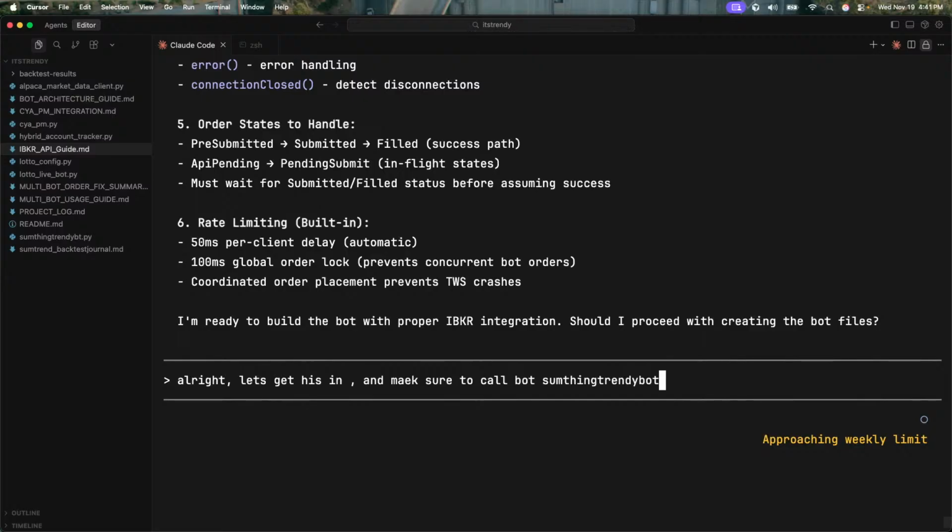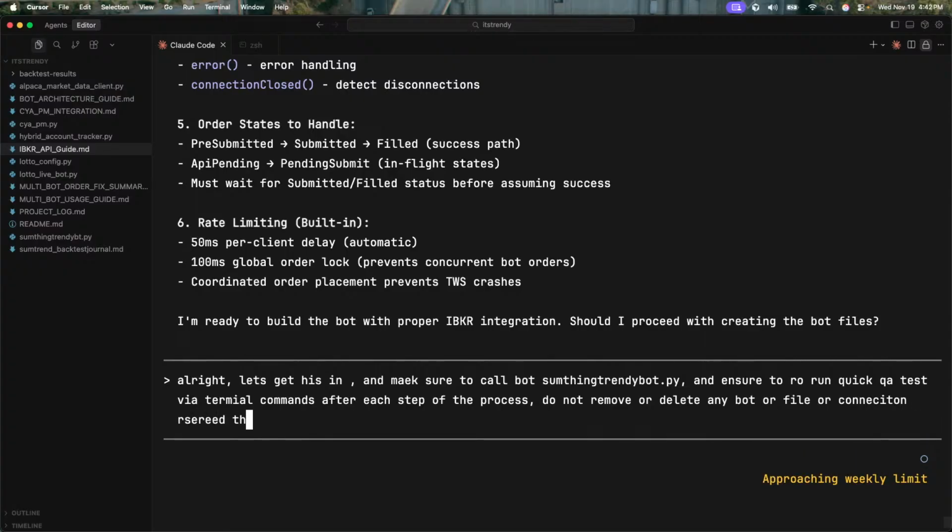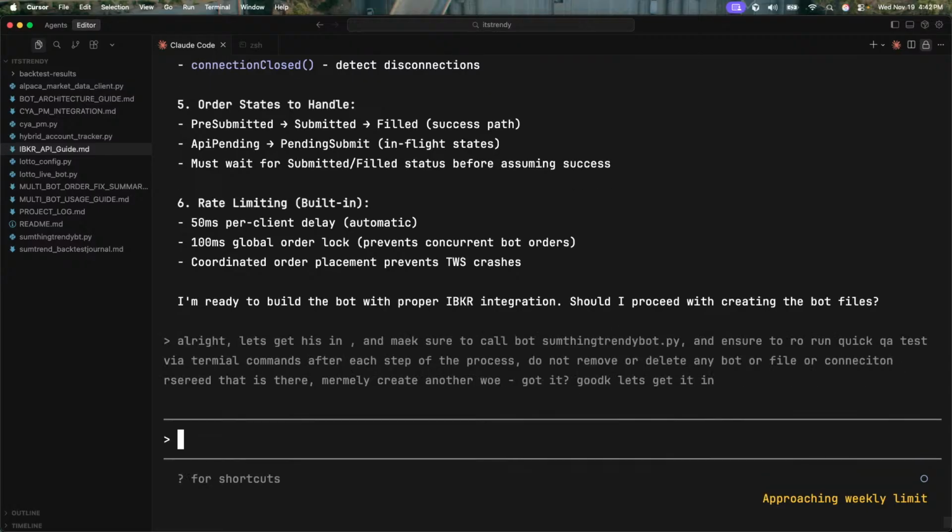Something trendy bot. Yep, something trendy bot. And ensure to run quick QA tests via terminal commands after each step of the process. Do not remove or delete any bot or file or connection from reservation that is there. Merely create another one. Got it? Good. Let's get it in.